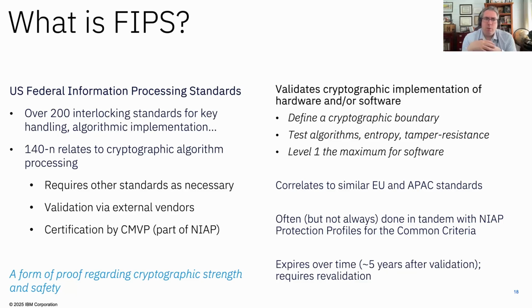And 140-3 is kind of the sum up version of everything, and the one that actually gets listed on the NIAP CMVP webpage in terms of validation certificates issued. It's a much smaller validation compared to the common criteria.